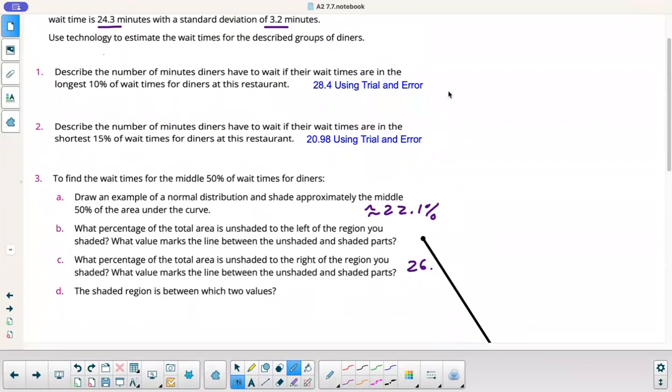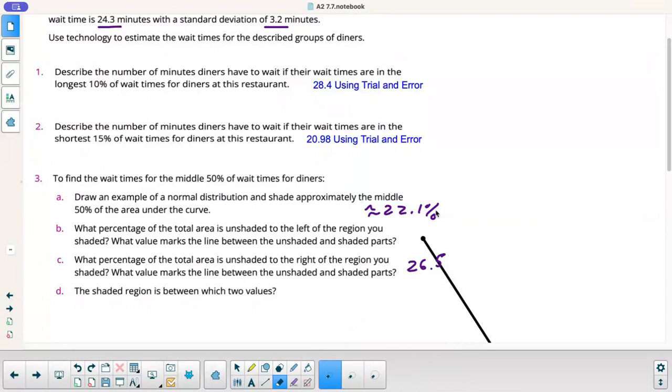Let's do this, 24.3 minus 22.1 gives me 2.2. So if I added 2.2 to 24.3, I get 26.5. Okay. That way these are equidistant.